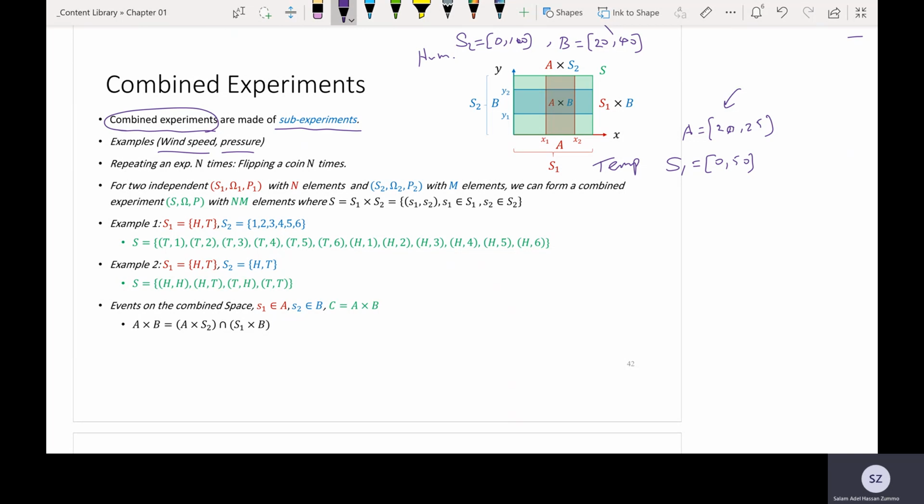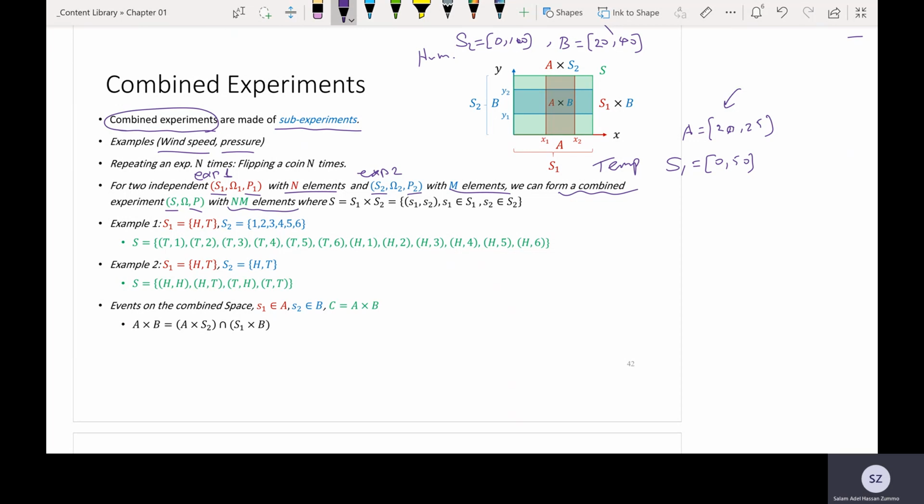How do we define the combined experiment? If we have two independent experiments, S with sample space S1 and probability distribution P1 with n elements, so this is experiment number 1, and we have experiment number 2 with sample space S2 and P2 as the distribution or the probabilities with m elements, then we can form a combined experiment with S and P with how many elements?